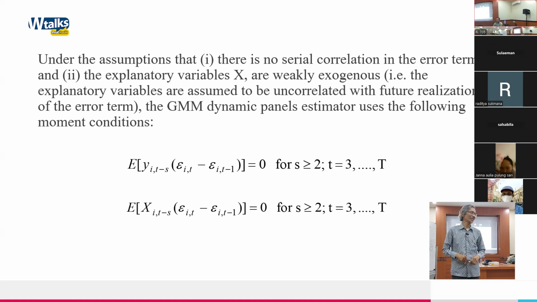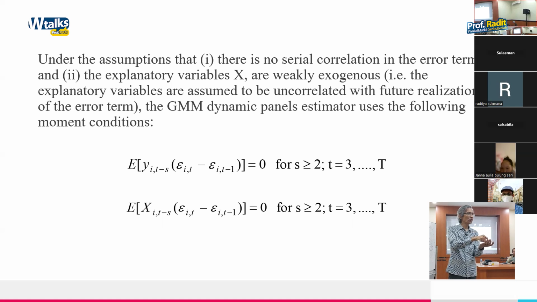Now, what I am trying to inform you is that for any step that you take in data analysis, you have to be aware of the problems and you have to know how to solve them. I will discuss the problem with first difference GMM, but now I will look at one step and two steps.